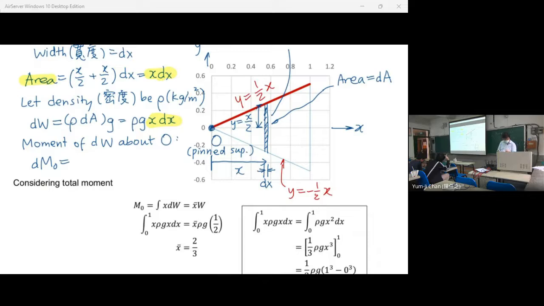M_O is equal to x dot dW, or is equal to rho g x squared dx.